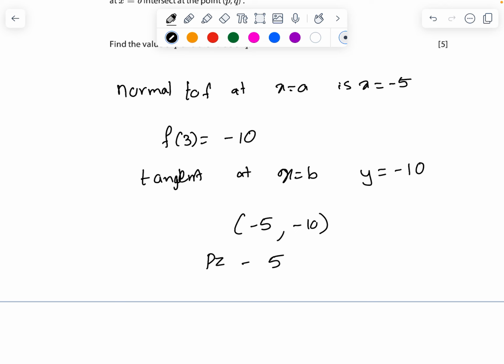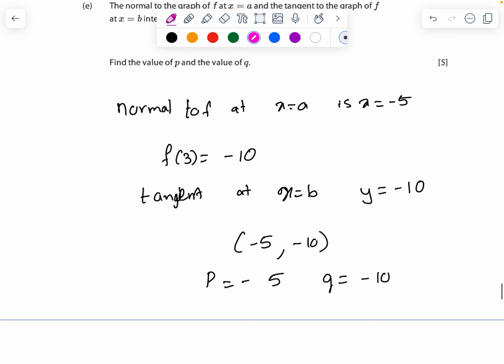So p is negative 5 and q is negative 10. So A1 for this, getting the y coordinate is M1, getting the equation is another A1, and this is the tangent at b, another method A1, and finally I am getting the values A1.